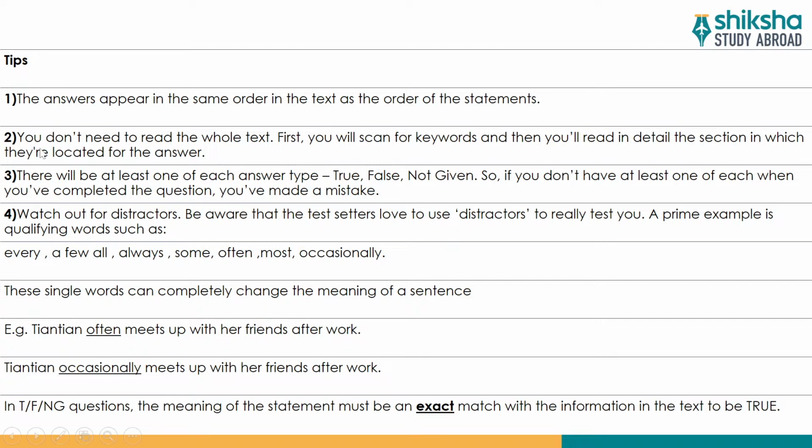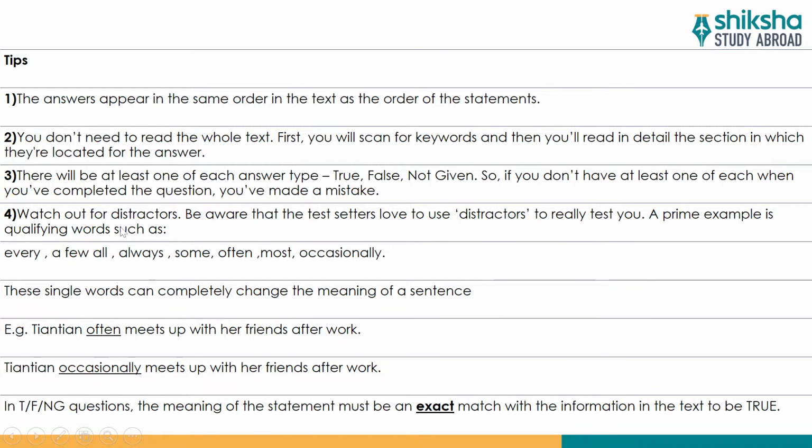There will be at least one of each answer type: true, false, and not given. If you don't have at least one of each when you've completed the questions, that means you've made a mistake. So when you have done all the questions from the true, false, not given category, please check that you have at least one answer for each of the options. You should carry all three options, true, false, and not given, in your answers.